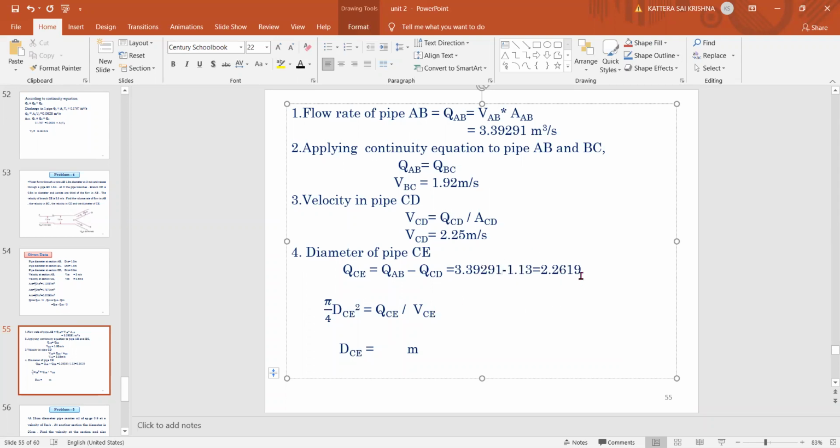Right. So after getting QCE value, what is QCE equal to? ACE into VCE. So ACE equal to QCE by VCE. Write that term.